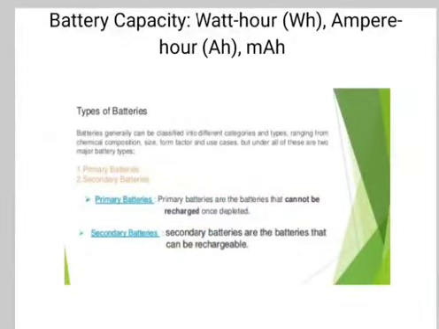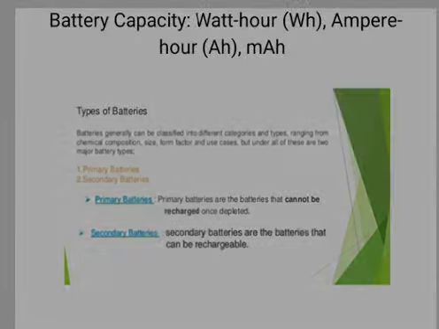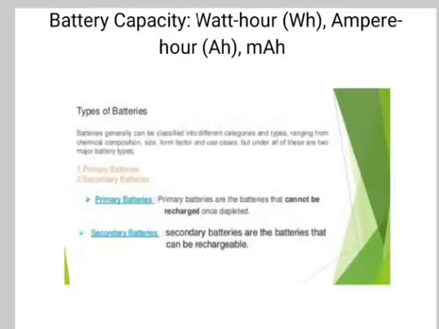Next is battery capacity. It is measured in watt hour, ampere hour, and milliampere hour.